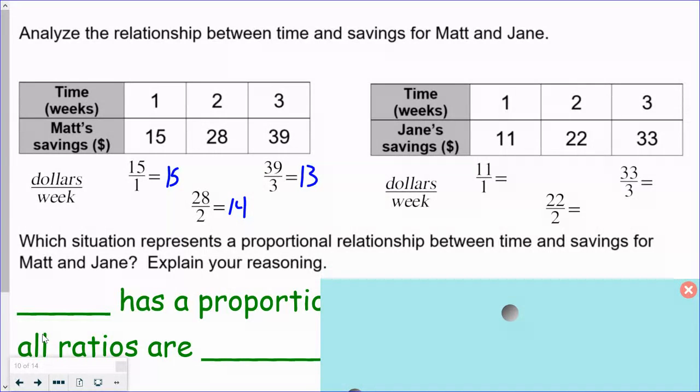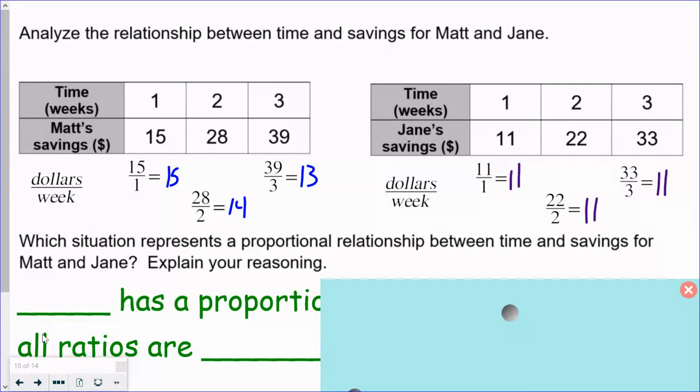Then, if we look at Jane, she put $11 in on week 1. At week 2, she added $11 more for 22. So that means we divide 22 by 2. Then take your 33 and divide that by 3, and we get 11. So if you notice, one of these has the same number each time. That is a key thing for anything proportional: all of our ratios need to match.